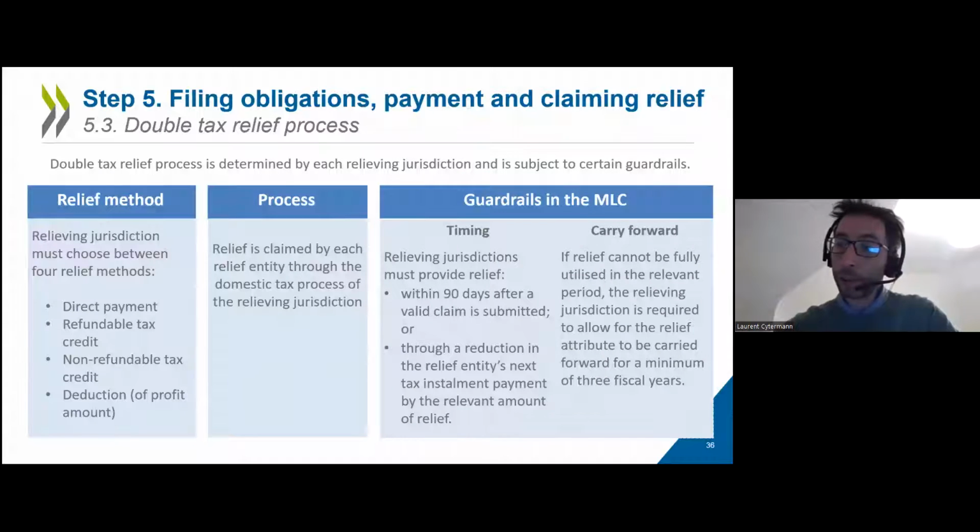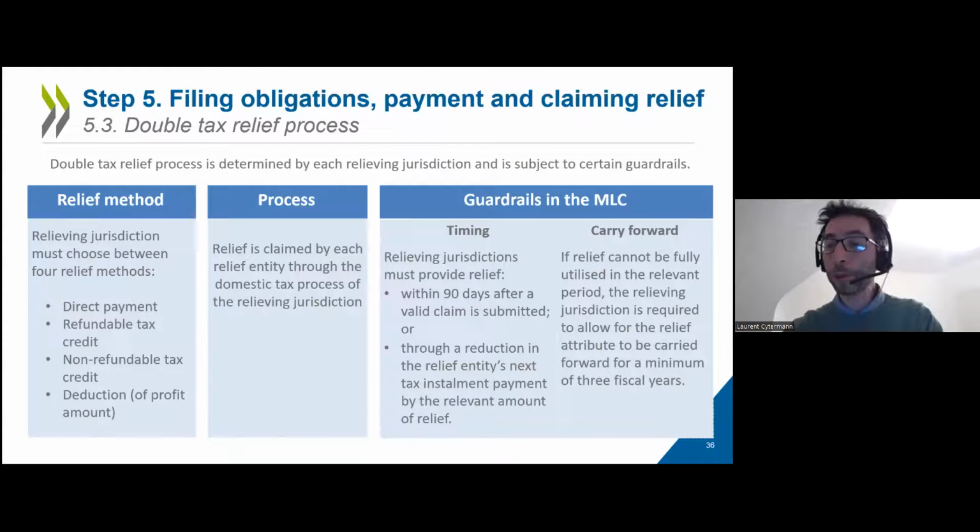And also to guarantee effective relief in case the relief cannot be fully utilized in the relevant period, in case there is not enough tax liability. And so this is typically relevant in case of non-refundable tax credit or deduction. Then the relieving jurisdiction has to allow the carry forward for a minimum of 3 fiscal years. So these are the administrative processes.